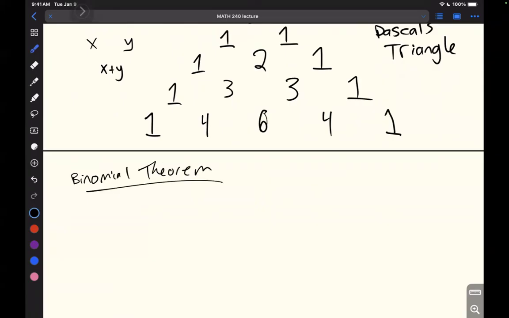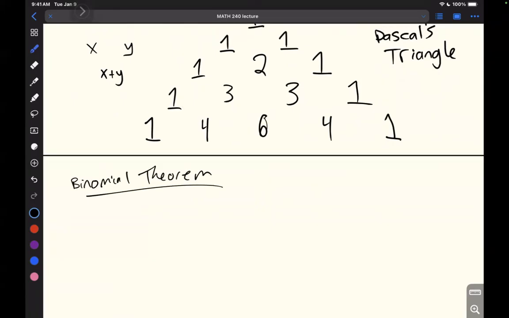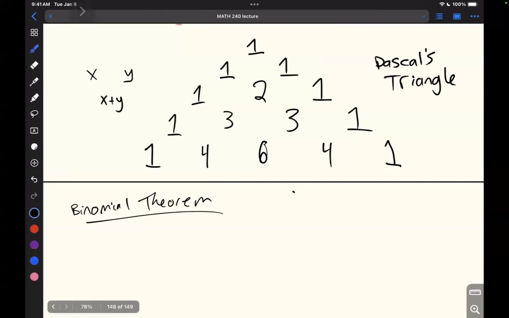This is the actual binomial theorem, because if we have a plus b to the n, that's a binomial, and we are raising it to the power of something.